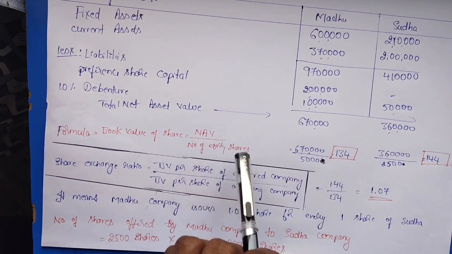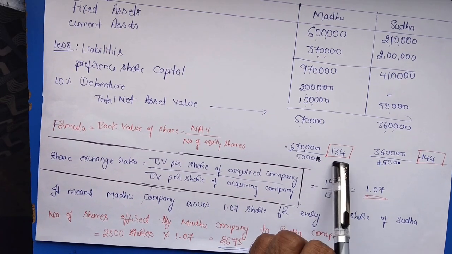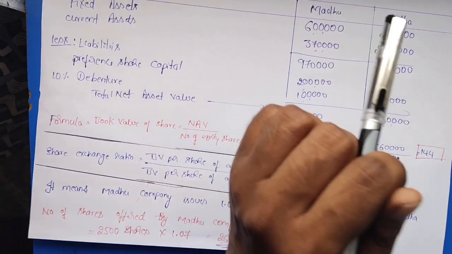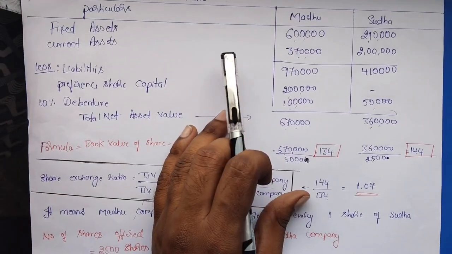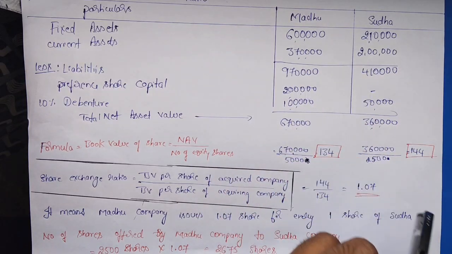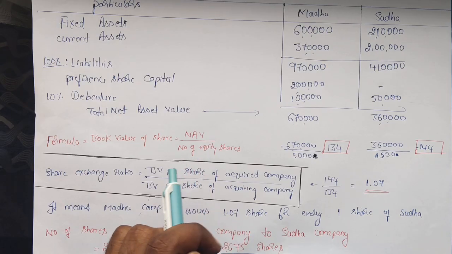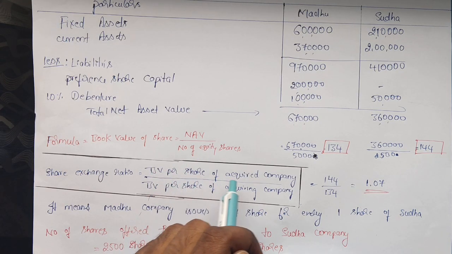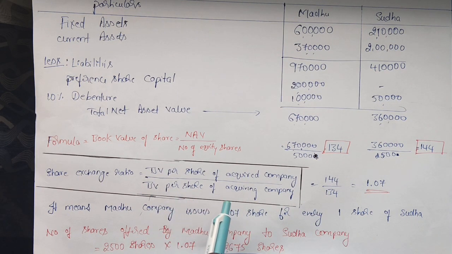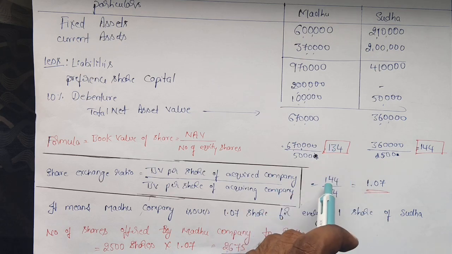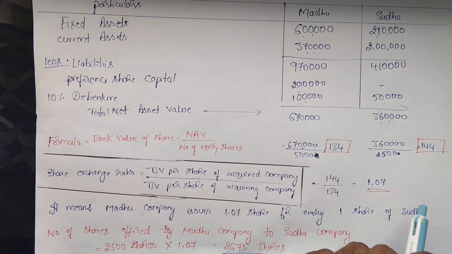We have the net assets value and the number of equity shares, that is 6,70,000 and 5,000. So that gives 134 as the book value of the Madhu company, and 144 as the book value of the Sudha company. Madhu company is the acquiring company, and 144 is for Sudha company. Next, apply the formula: book value per share of the acquired company, 144, divided by book value per share of the acquiring company, 134. 144 divided by 134 gives 1.07 as the swap ratio, or share exchange ratio.